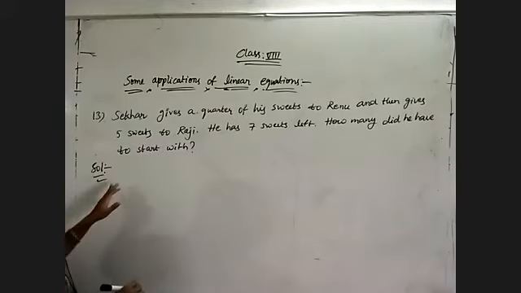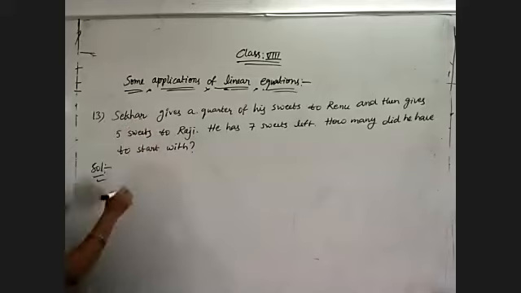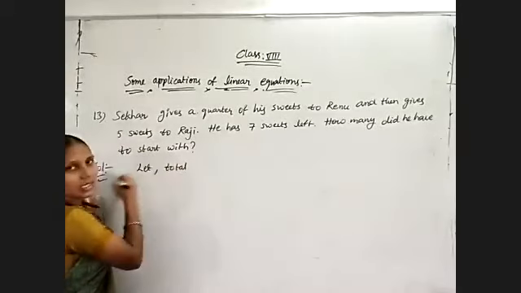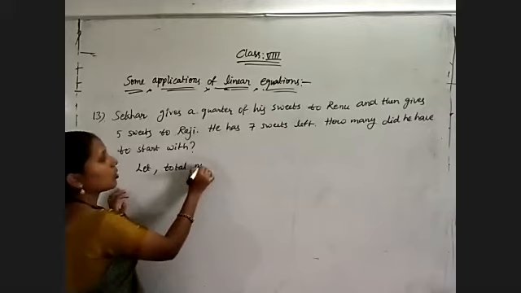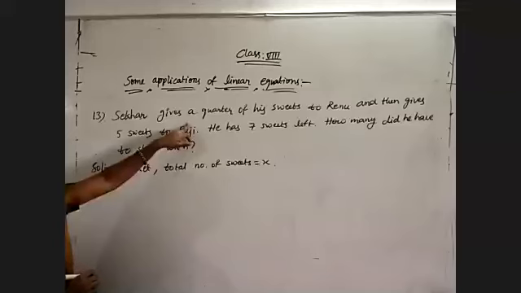How many sweets he has? So Shekhar gives a quarter of his sweets. So let the total number of sweets be x, like in the question. In that x he gave a quarter of sweets to Renu.